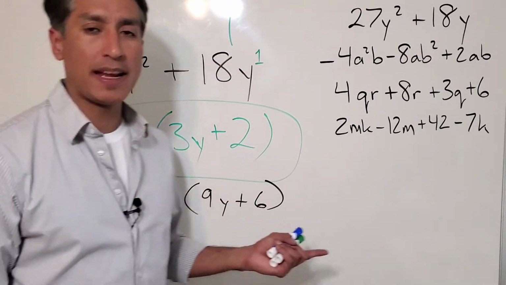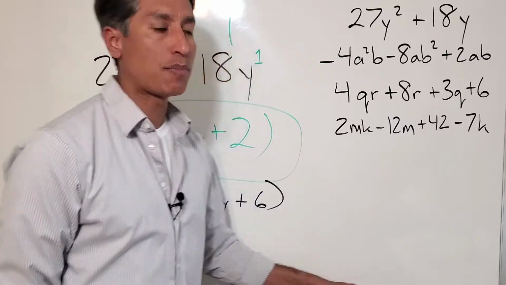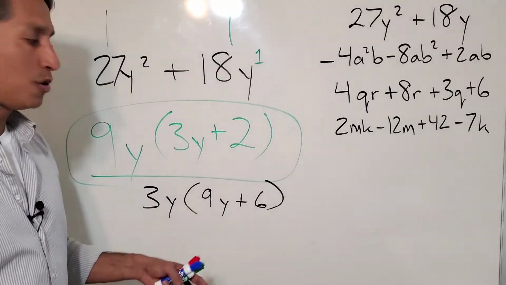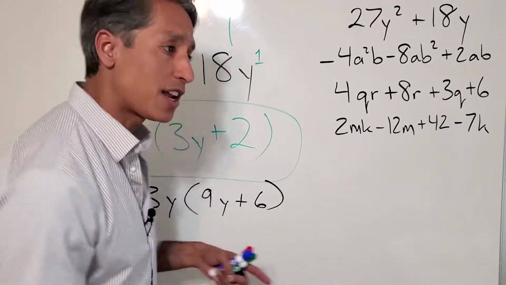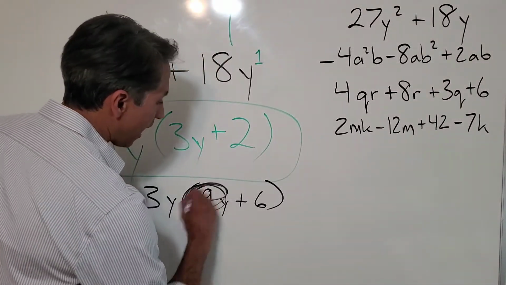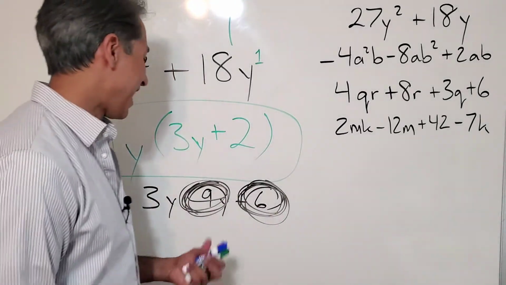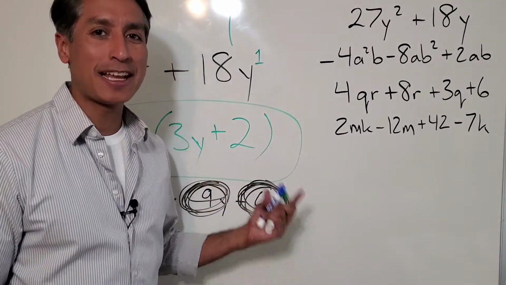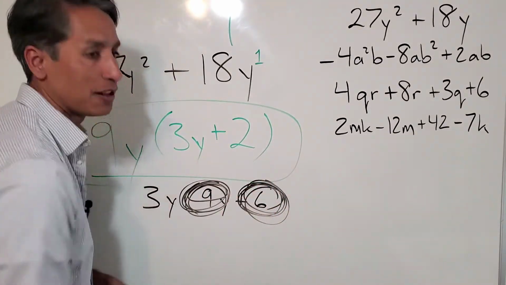If your number isn't big enough, the rest of this work is not going to help you when you do other more challenging problems. So what you have to do is, if you've pulled out what you think is the greatest common factor, then you've got to go back and look at these other 2 values right here and see if there's something else that can be busted out of both of those, and then do another level.